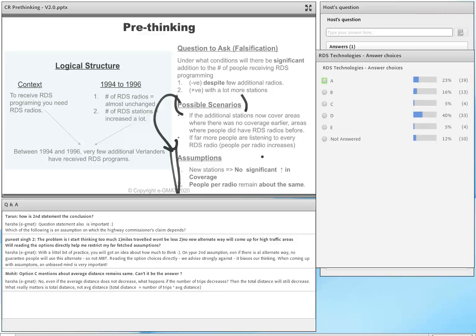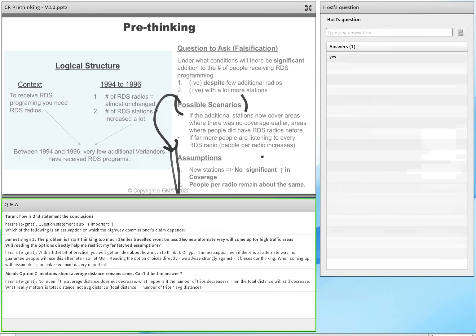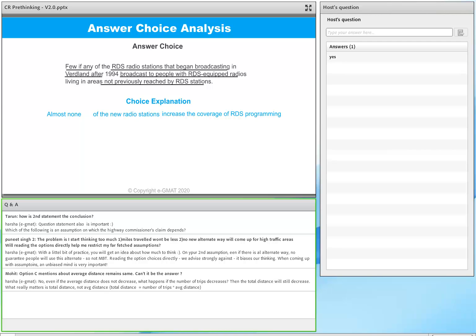You can see choice A was 23%, choice D was very, very popular, and so was choice B. So let's look into these answer choices. Choice A is the correct answer. Choice A says few, if any, of the RDS radio stations that began broadcasting after 94 broadcast to people with the right kind of radios living in areas not previously reached by the older stations.